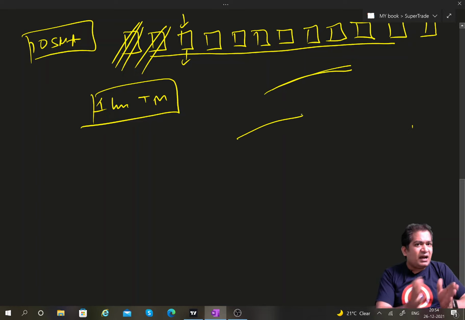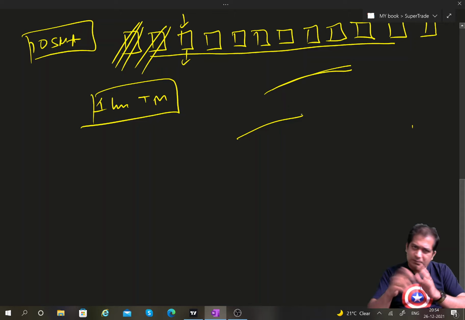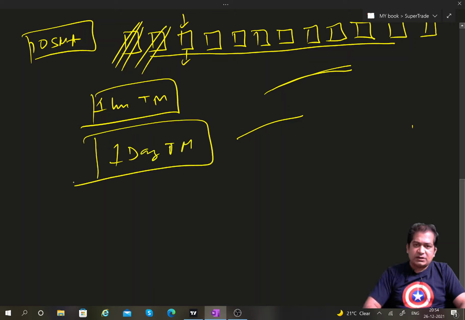So 10 hours means it goes to 2 days, because one trading day is from 9:15 to 3:30. So it's not 10 hours, it will overlap into the past candles. If I take a 1 day time frame, it means every day one candle will be formed.